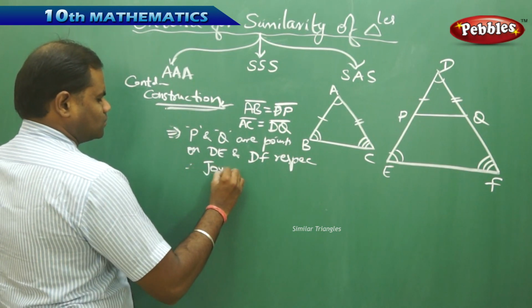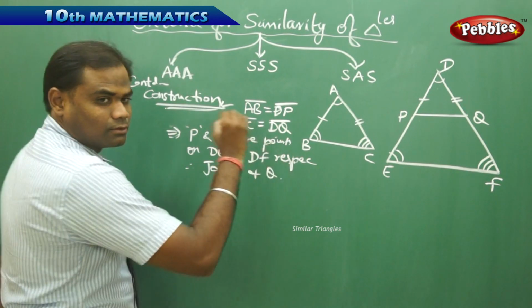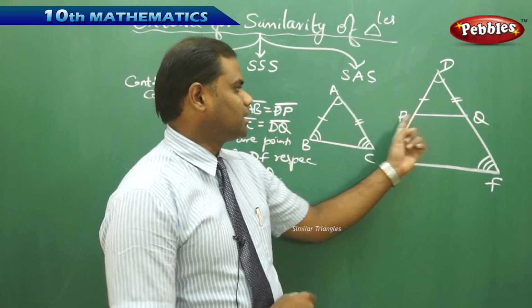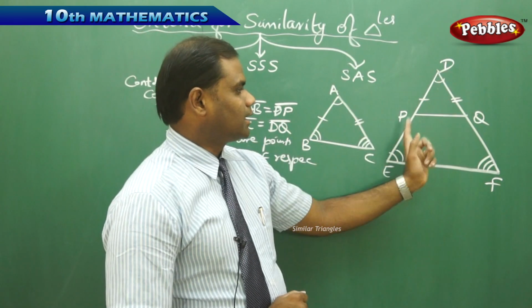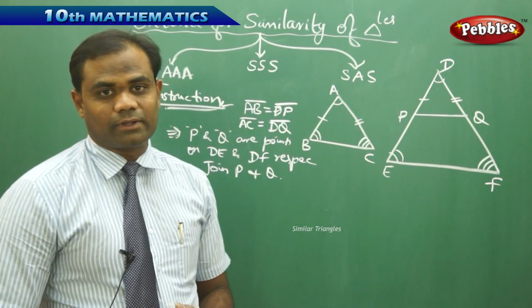Therefore, join P and Q. So I join the points P and Q so that I get two triangles ABC and DPQ correspondingly.